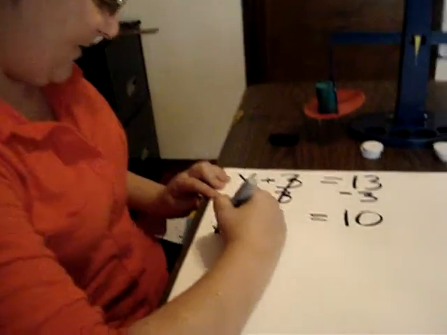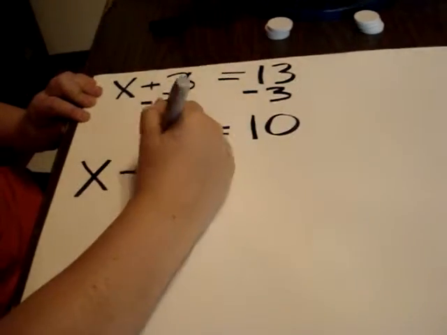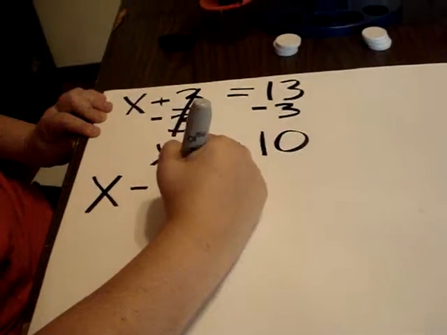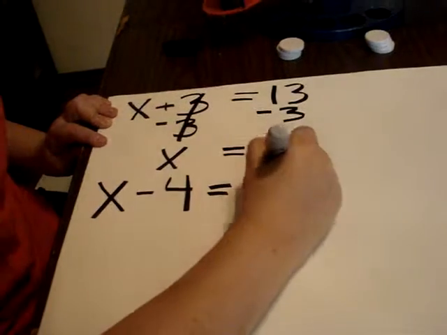Now there are other ways to have a single-step equation other than to have x plus a number. We can do the opposite and have x minus a number. Let's go ahead and model that. So we have x. Let's subtract 4. And say it's equal to 6.